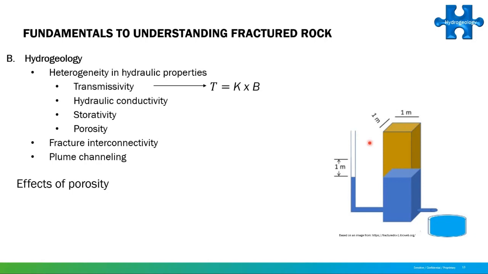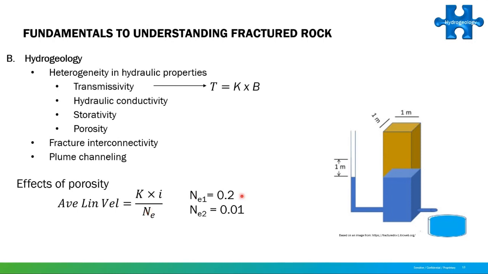Let me talk a little bit more here about the effects of porosity. Just from a straight mathematical basis, you can understand how important porosity is. When we're calculating the average linear velocity of the groundwater, which is associated to the contaminant fate and transport, that equation is hydraulic conductivity times gradient divided by porosity.